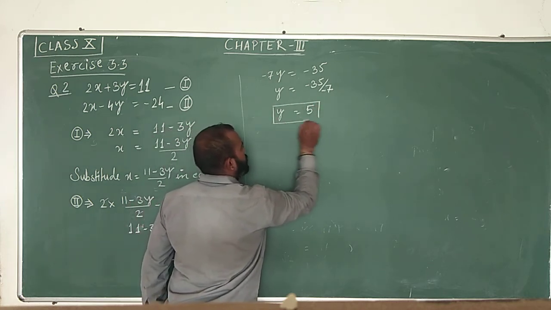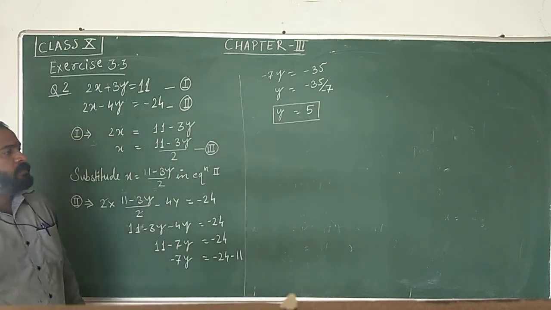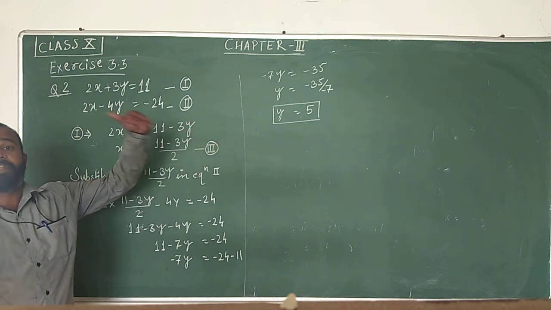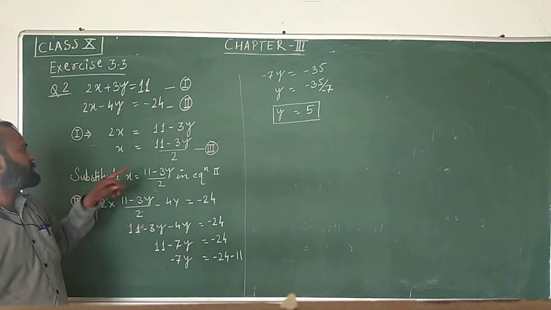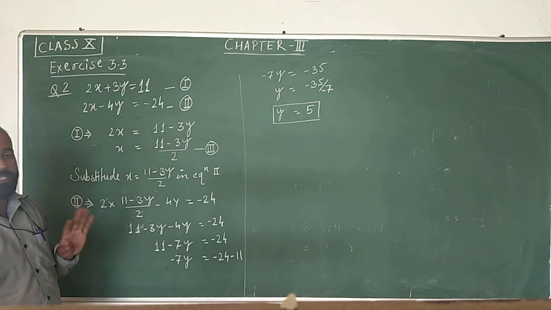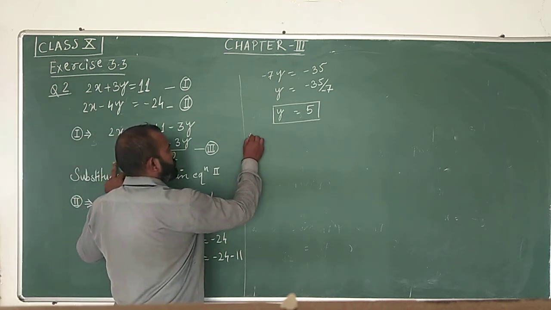So now we have got the value of y. Now we will take out the value of the other variable, x, by putting the value of y in equation number 3.